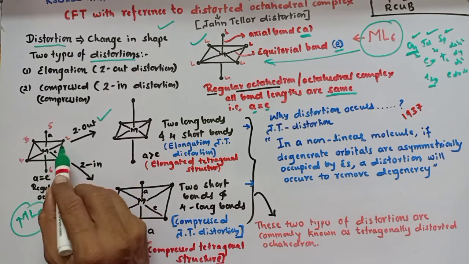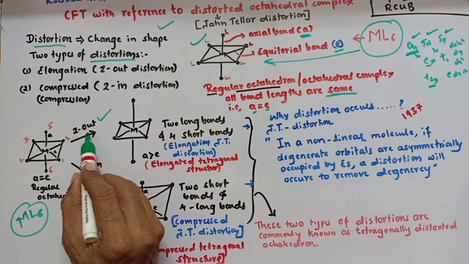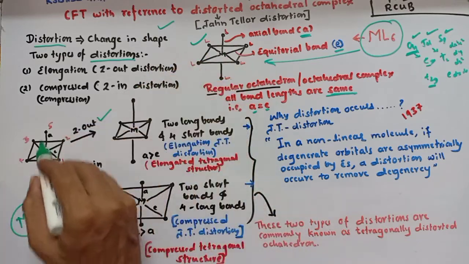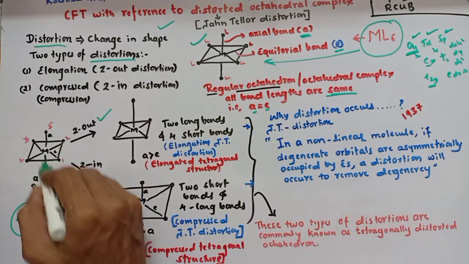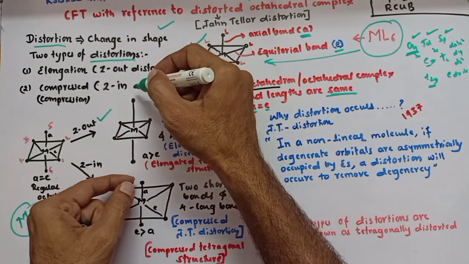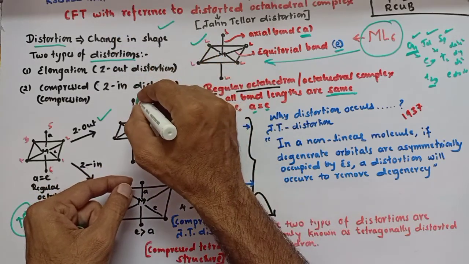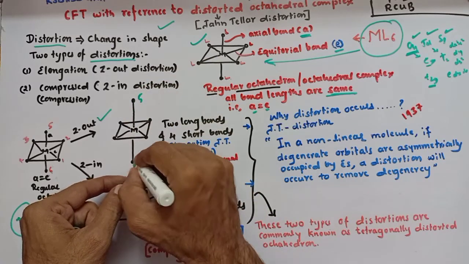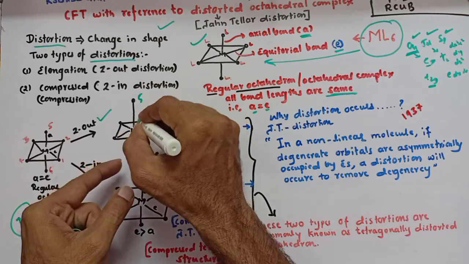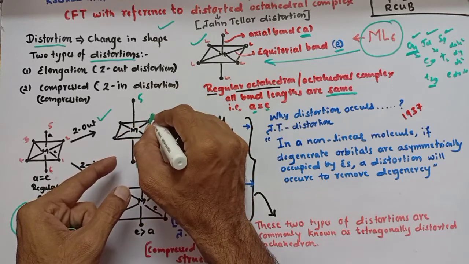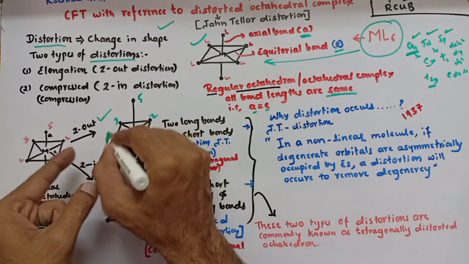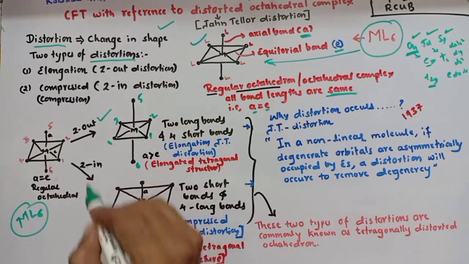If it undergoes Z-out distortion, the ligands present along the z-axis, that means ligand 6 and ligand 5, are a little bit away from the central metal ion. So the distance of ligand 5 and ligand 6 from the central metal ion is greater when compared to the other 4 bonds.